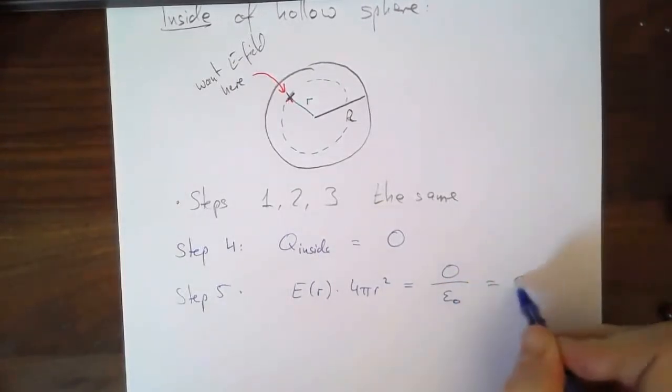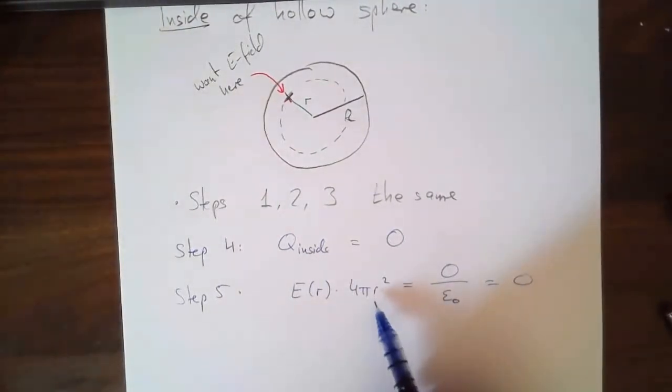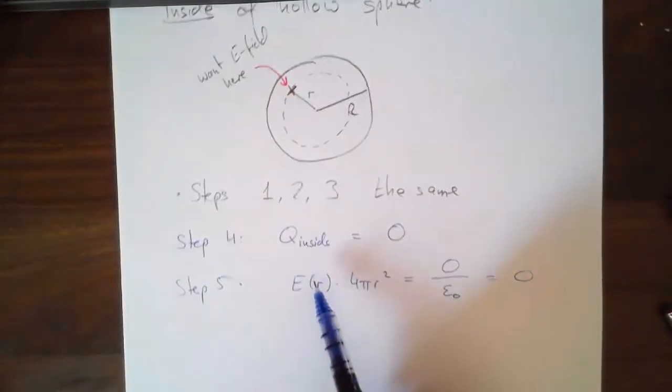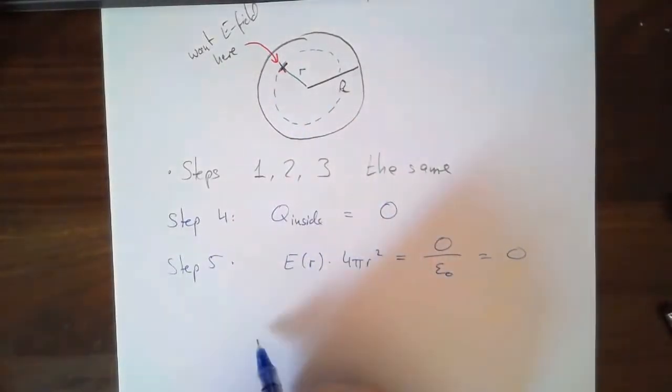Of course, that's just 0. Well, r isn't 0. 4 pi isn't 0. Epsilon naught is not infinity. So what it implies is that the electric field strength inside the sphere is 0.